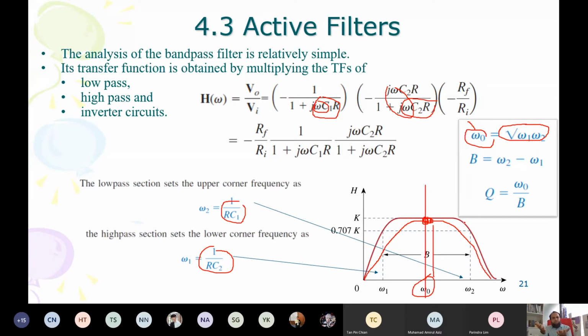Design a band pass filter for a particular frequency, or find the frequency. So you will be plugging in the transfer functions, taking the values from there and placing them in place of omega 1 and omega 2, and the rest is just calculation.